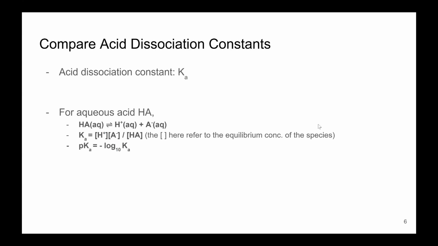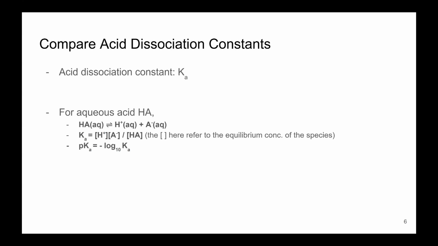Here, pKa is something that we often use to represent how strong the acid is, because sometimes Ka by itself can be quite small, for example 10 to the power of -5 and so on. And we don't want to keep writing the number over and over again. So we use something called pKa, which is basically putting that on a log scale.